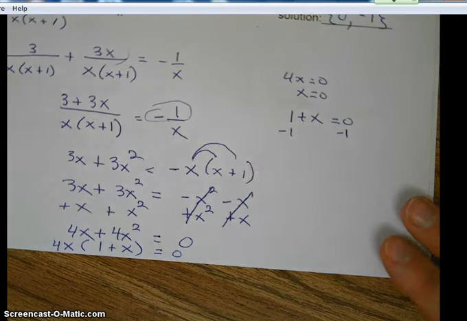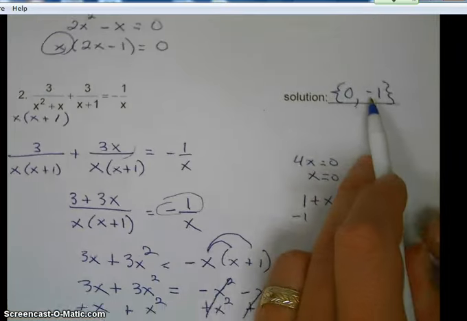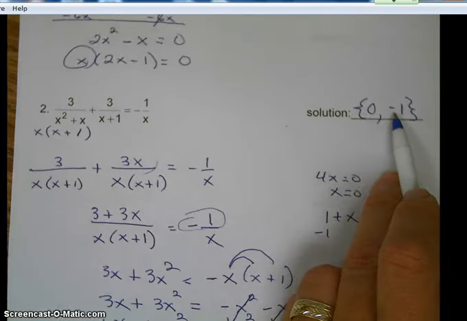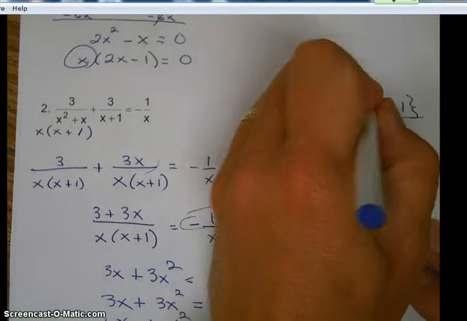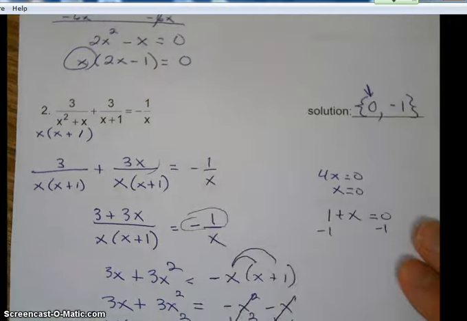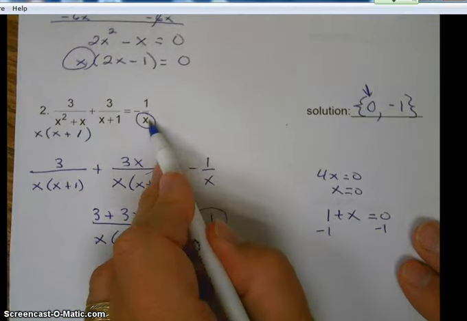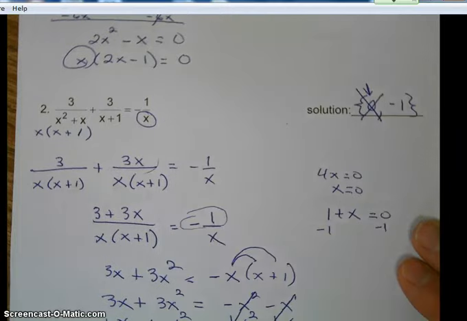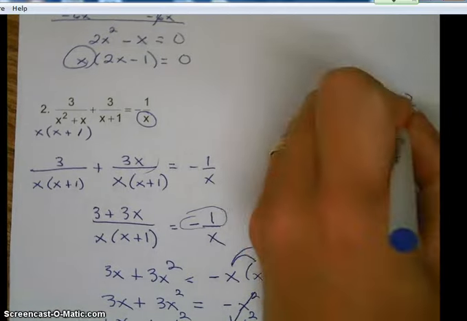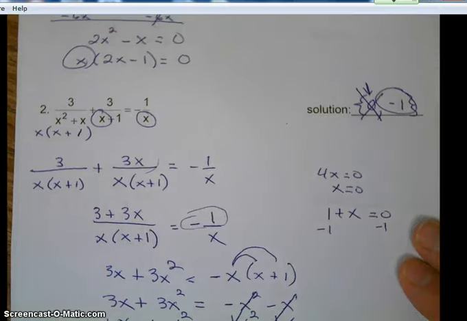One thing I should mention is you need to check the answers to make sure we do not have division by 0. Notice that if I plug the 0 in here, we have a division by 0, and that's not allowed. So this is an extraneous solution. Notice if I plug the -1 in here, that works.